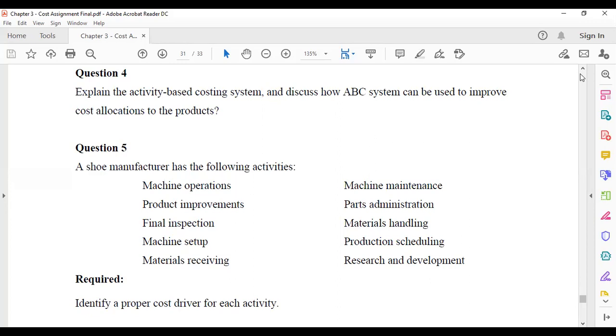So we need to look for an appropriate cost driver. Having identified an appropriate cost driver, we need to link this cost that is initially allocated to these activities to the final product, to the cost object. So you may be looking for activity cost drivers, and then link that to the final cost object.